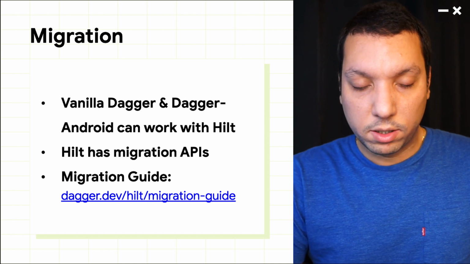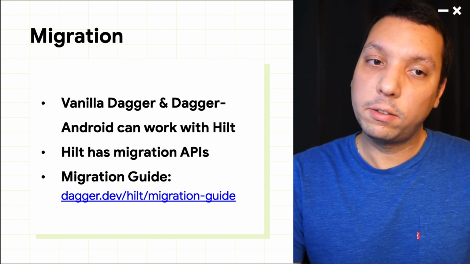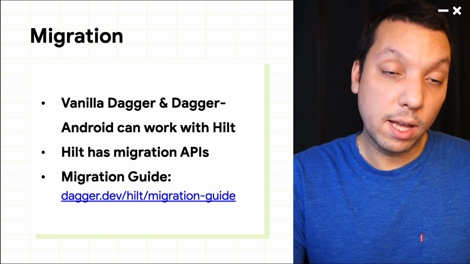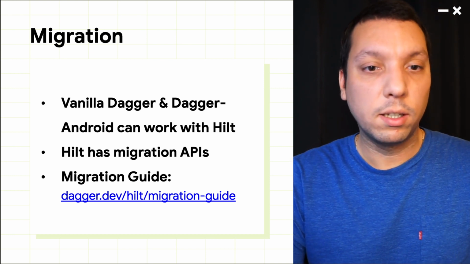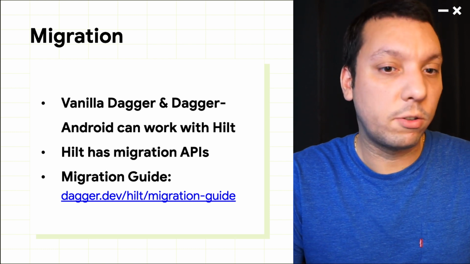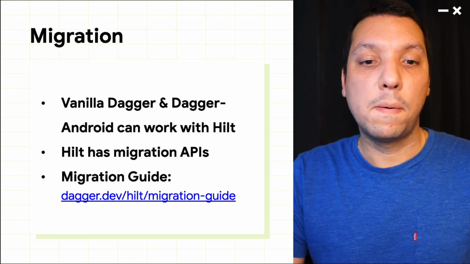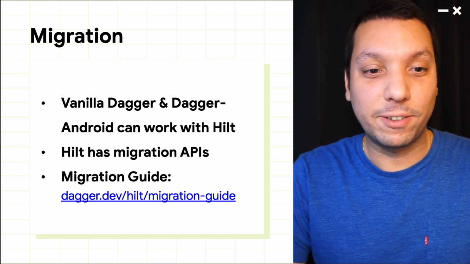We know dependency injection can be core to your code base, and refactoring that can be tricky. So with that in mind, we do offer some migration guides, and mainly if you were already using Dagger or Dagger Android, Hilt can actually work side by side, either temporarily, hopefully temporarily until you fully migrate.